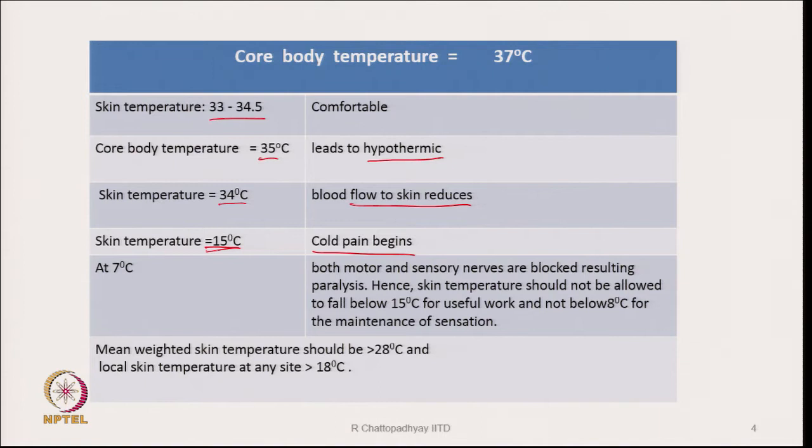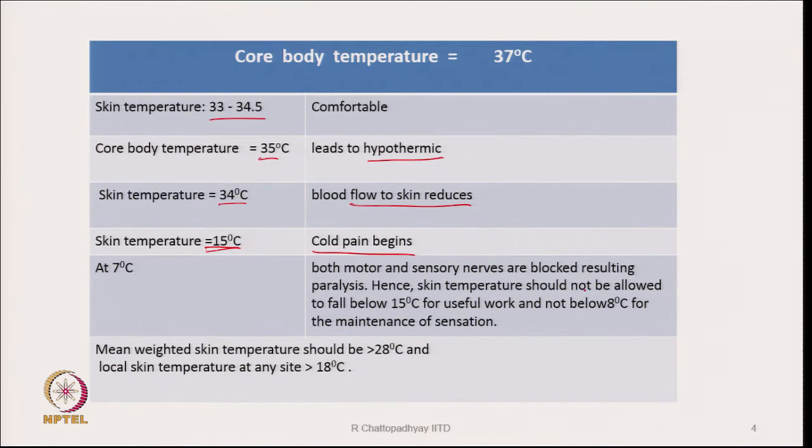We will feel it in our fingers, or suppose the finger temperature or toe temperature has gone down to 15 degrees centigrade, then the cold pain will begin and there will be numbness also. These problems will be there. At 7 degrees centigrade, if it comes down, both motor and sensory nerves are blocked, resulting in paralysis.